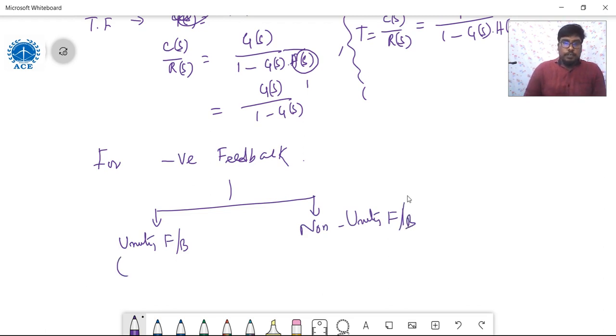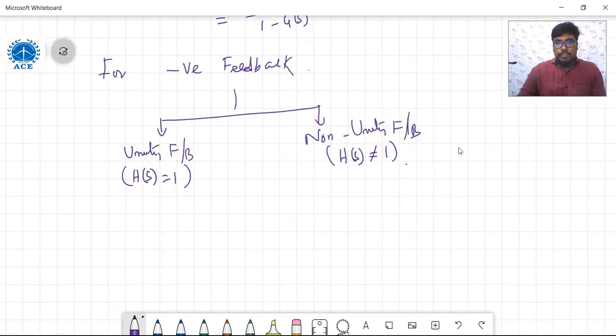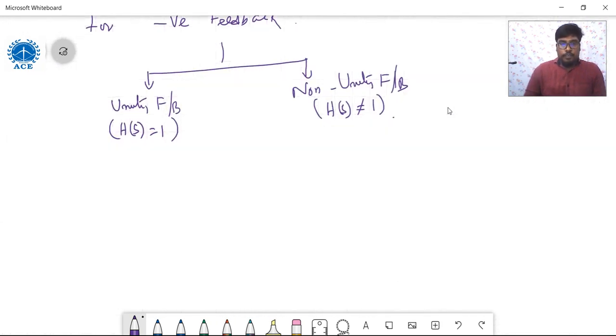The feedback H(s) is equal to 1 for unity feedback, and for non-unity it is not equal to 1. So we'll see the transfer functions very simply here. For negative unity feedback we get C(s) by R(s) is equal to G(s) divided by 1 plus G(s).